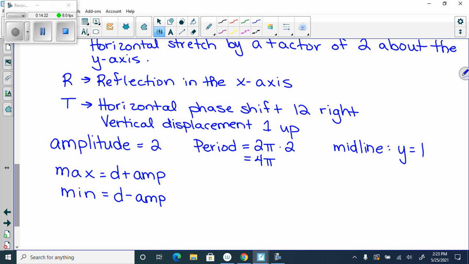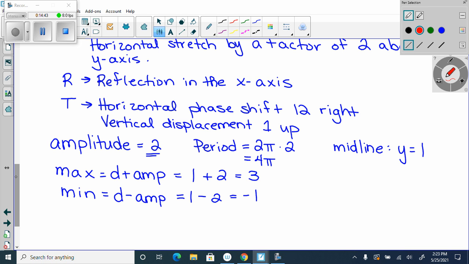All right. So my D is my midline. My midline is at 1, plus my amplitude, which right here is 2. So I get 3. And then my D is my midline, which is 1, and I'm going to subtract my amplitude, which is 2, which is negative 1. And the reason why this works, just to remind you, is if I have a midline, a middle line here, and it is at y equals 1, right? That's the middle of the graph.